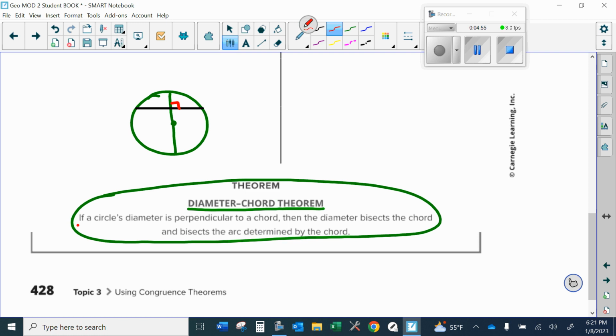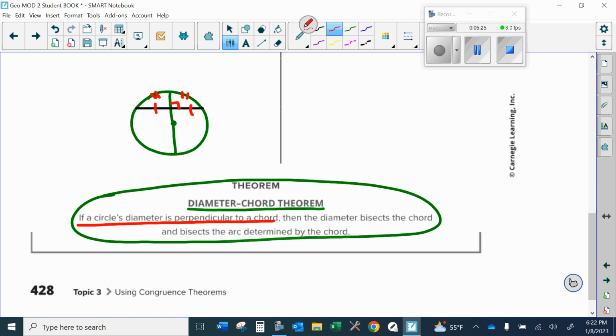Remember, the if part is the given. Then here's my conclusion: the diameter bisects the chord, so that means it has to be congruent, and bisects the arc determined by the chord. So now that arc equals that arc, whatever that measure is. Okay, so that's called the diameter chord theorem.